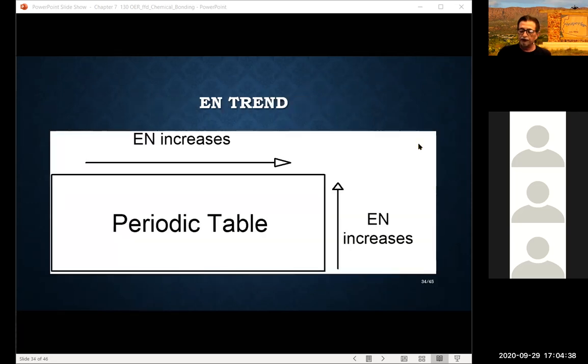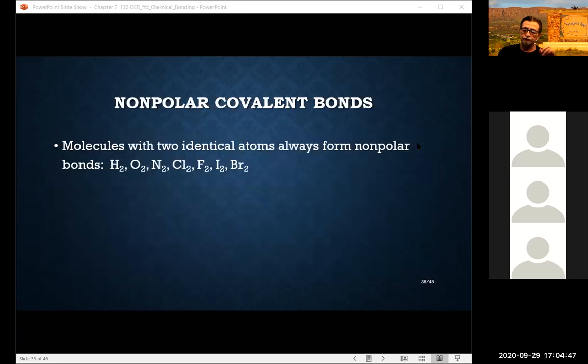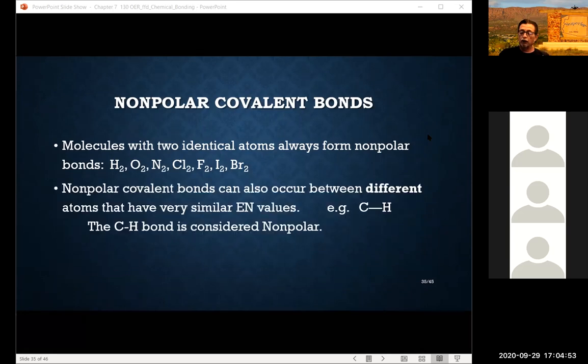That's to refresh your memory on the trend: left to right increases, bottom to top increases. Fluorine is our benchmark. And I just mentioned the nonpolar examples, all the diatomic molecules, plus the carbon-hydrogen bond, which are considered nonpolar.